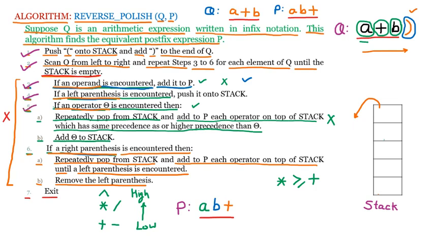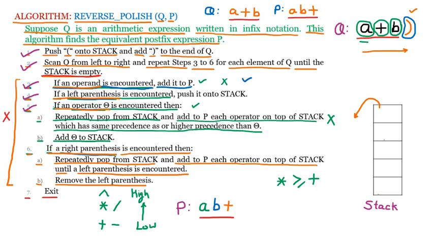If an operator is encountered, then there are two cases. If there is no existing operator on the stack, then put it into the stack directly. But if there are already some operators present in the stack, then we have to match the incoming operator with the existing operator. If the existing operator has precedence higher than or equal to the incoming operator, then it will come out.